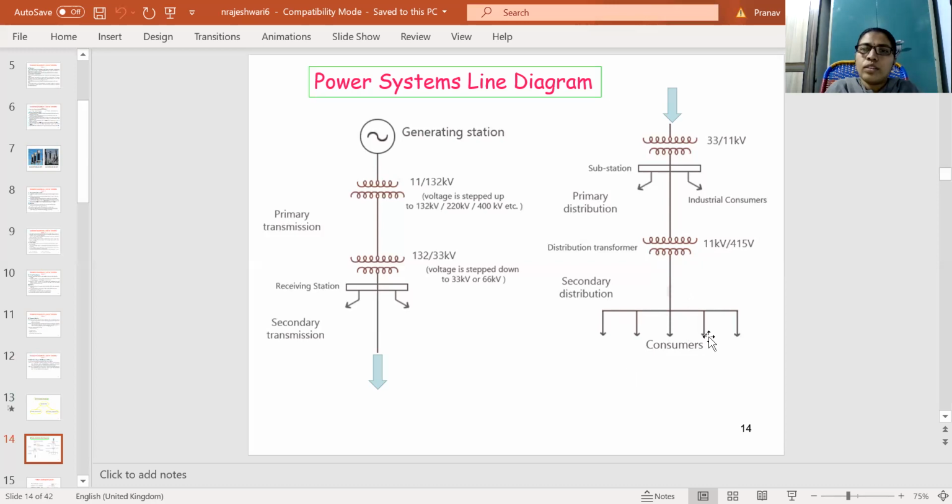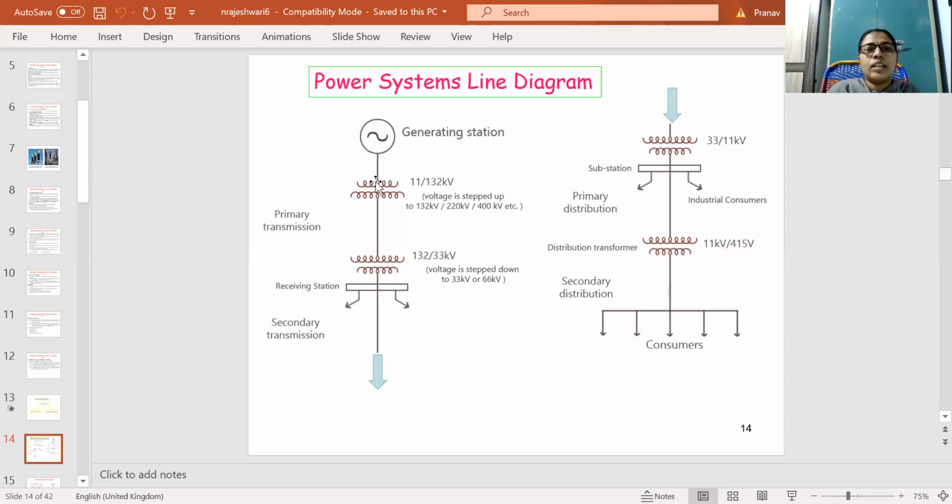In case of a single phase supply, for house purposes and small industries, consumers will take the single phase supply that has 220 volts or 230 volts, whatever they are using in home appliances. So that is the consumer premises. This is all about the power system line diagram from generating station to the consumer center.